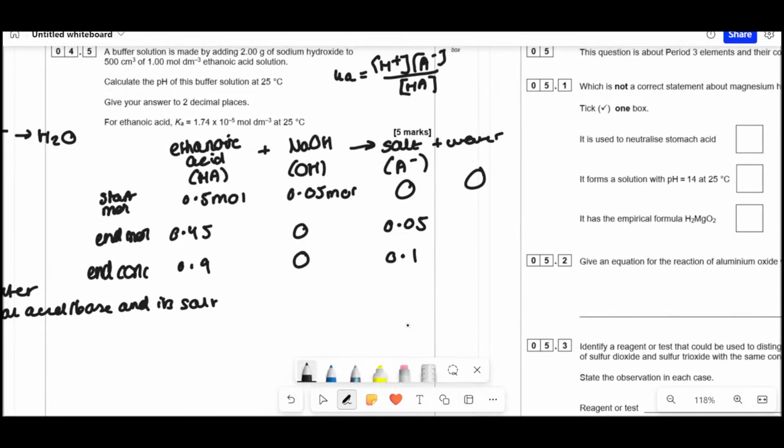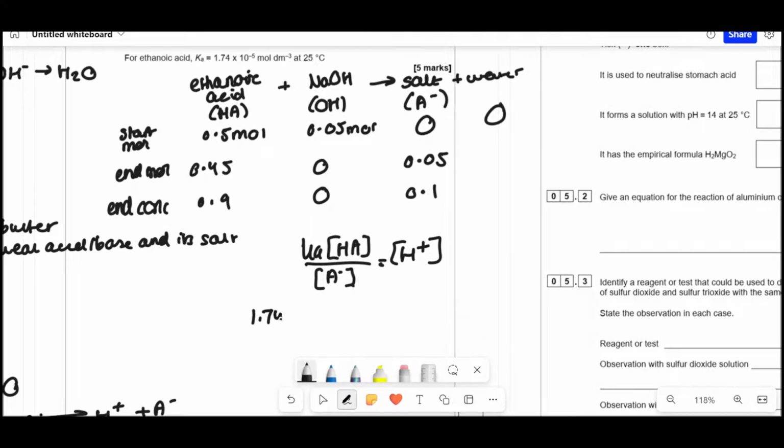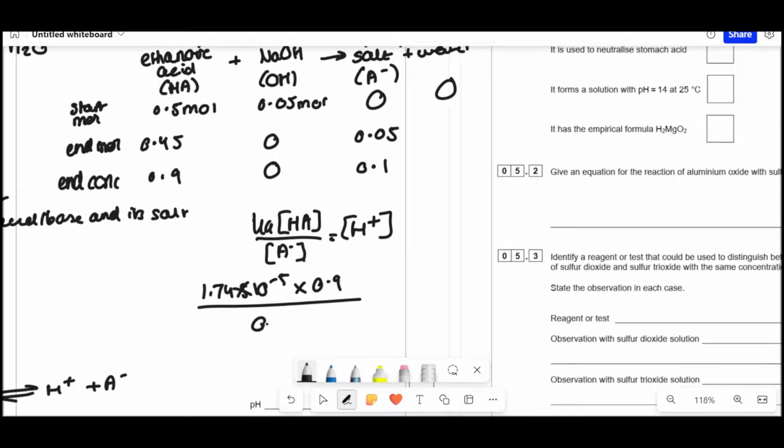So, just no shortcuts. Ka, Ha, so we're timesing them together, dividing it by A minus will give us our H plus. So now we put our numbers in. So Ka, they've told you, is 1.74 times 10 to the minus 5 times our Ha, which we've now worked out to be 0.9, divided by our A minus, which is 0.1.